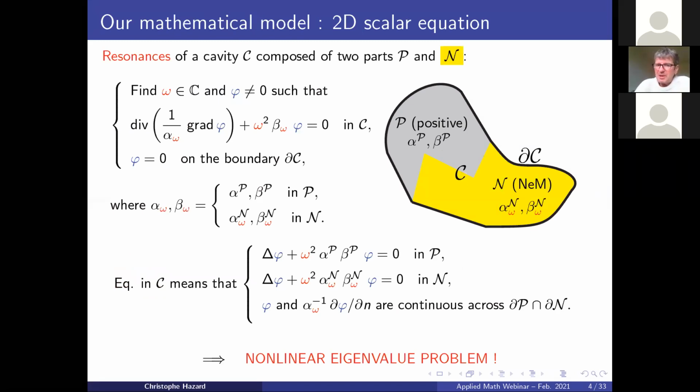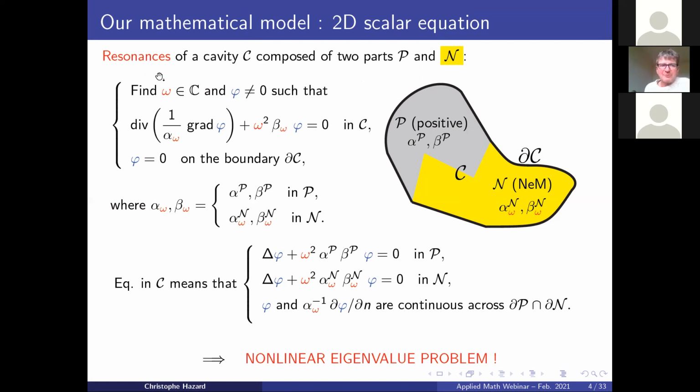I'm not going to speak about Maxwell's equations. I'm going to speak about a very simple two-dimensional scalar equation, which consists in finding the resonances of, let's say, an acoustic cavity here, since this is a scalar model. Acoustic cavity, two-dimensional cavity, which will be denoted by C. And my cavity is composed of two parts, P and N. P is for the positive material, ordinary material, and N for the negative material.